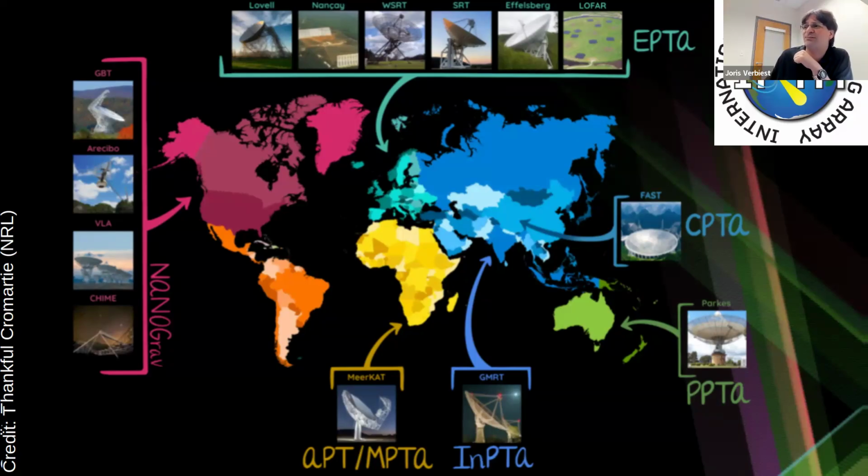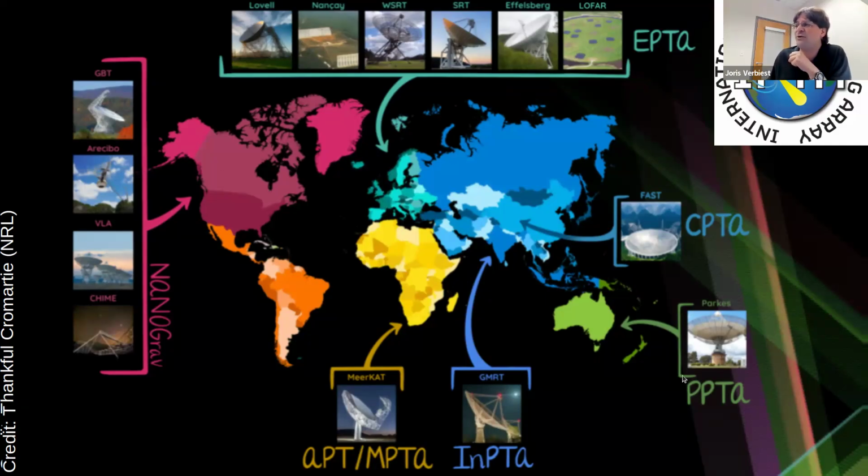And so in short succession, back in the early 2000s, both the North Americans, led by the US, but with close collaboration from Canada primarily, started the NANOGrav pulsar timing array, and a consortium of European telescopes, originally 5 of them, although Sardinia was not built yet at the time, but there were plans, and so they were already involved in the collaboration before they even had a telescope. Eventually, LOFAR got added. So a consortium of European telescopes got together to form the European Pulsar Timing Array.